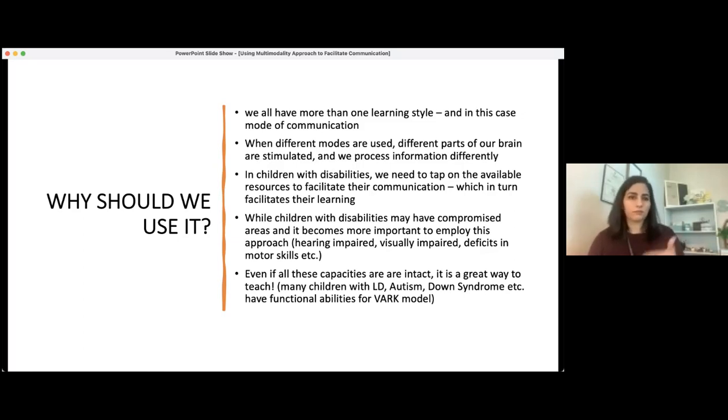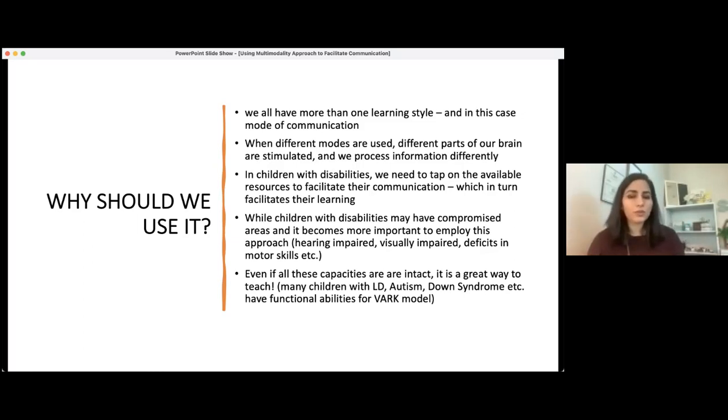My own son, I would say pretty much all these basic work model things are intact, but he has a huge speech delay. There are children with Down syndrome who can talk, who can read, and they're able to touch and they're able to hear, but still they are unable to comprehend and express.